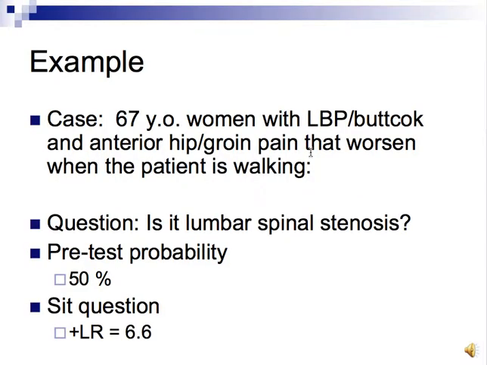We know we need a likelihood ratio, a nomogram, and a pretest probability. So for this situation, when we have an elderly patient with low back pain, given their history and prevalence, we're going to give them a 50-50 pretest probability, and then work through the example with that pretest probability.